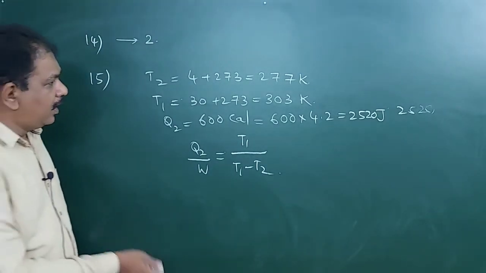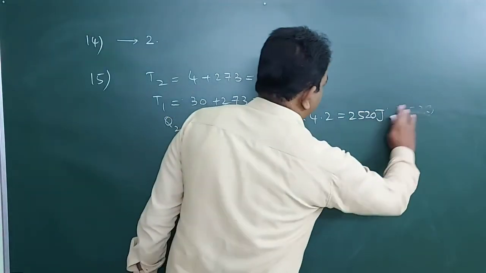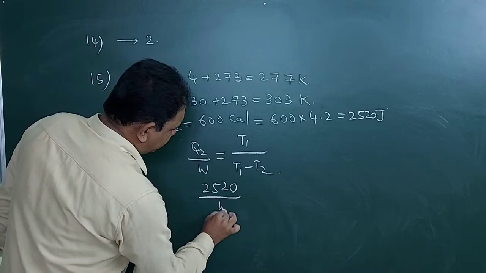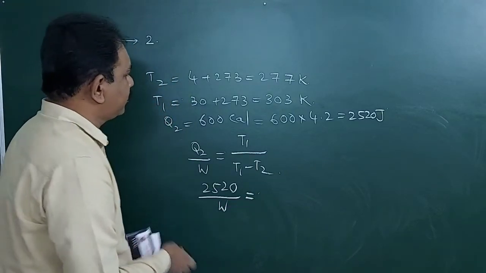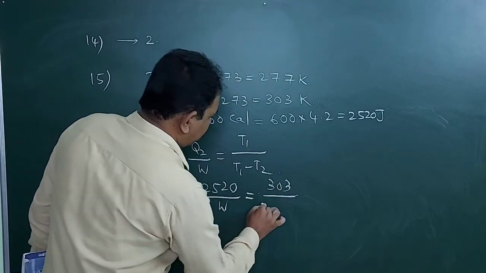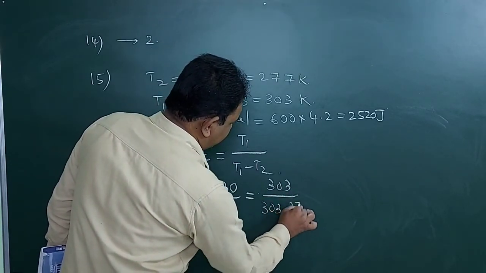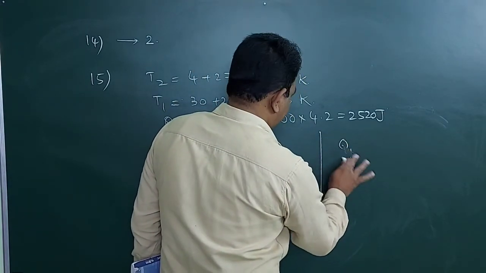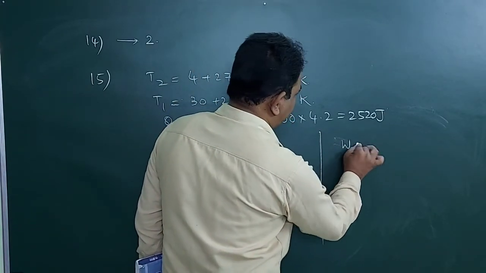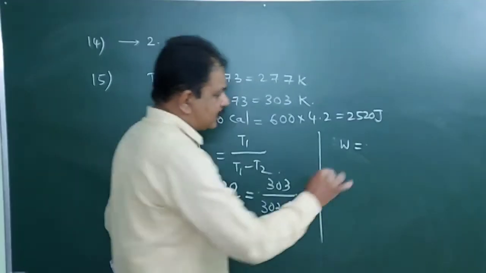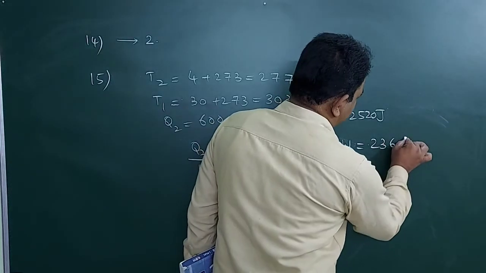Here the Q2 value is 2520 by W is equal to 303 by 303 minus 273. If you calculate, we will get the W value as 236.5 joules.